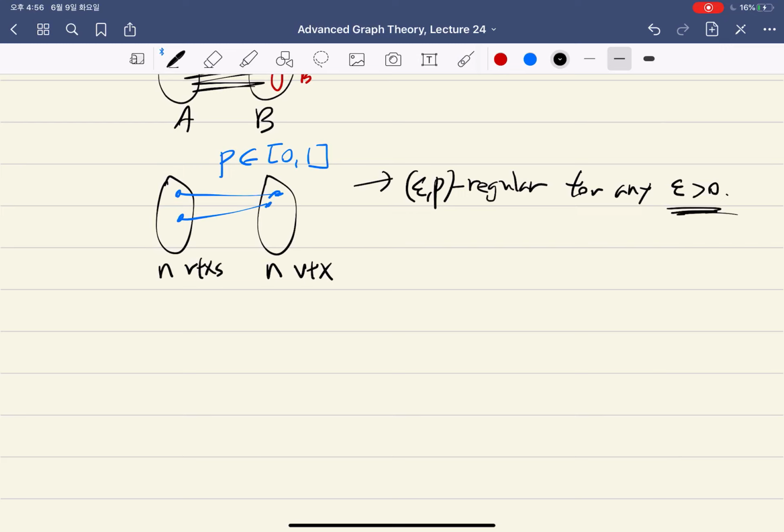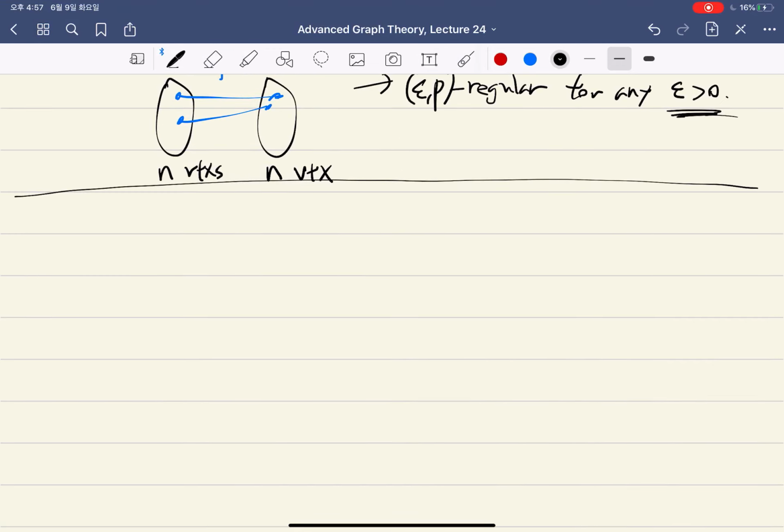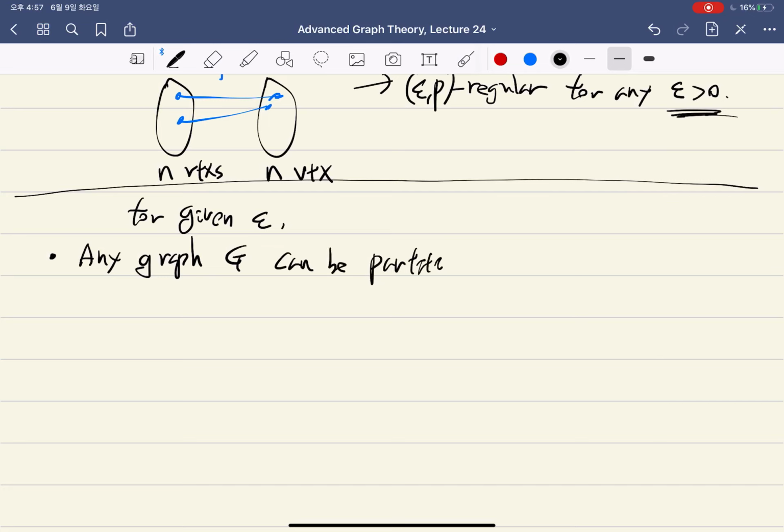There are several reasons why this notion is so useful. One of them is this: for a given epsilon, any graph G can be partitioned into not too many epsilon regular subgraphs.